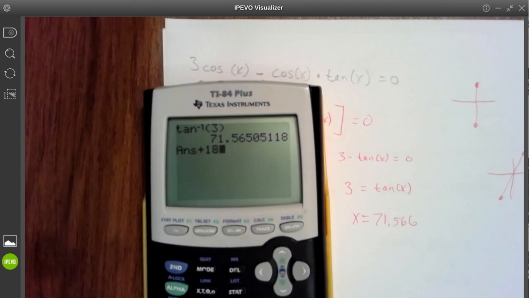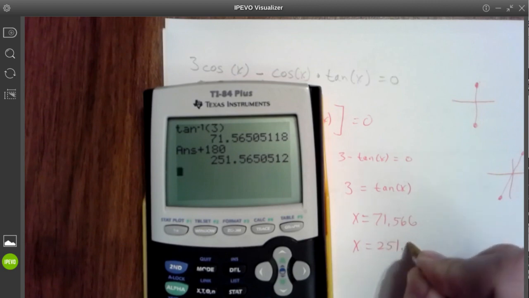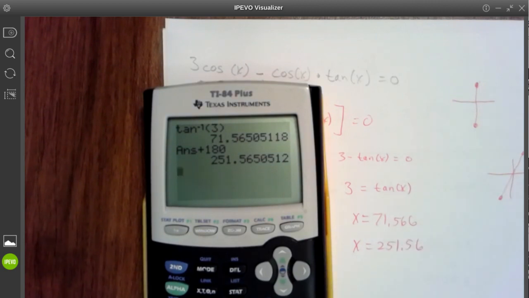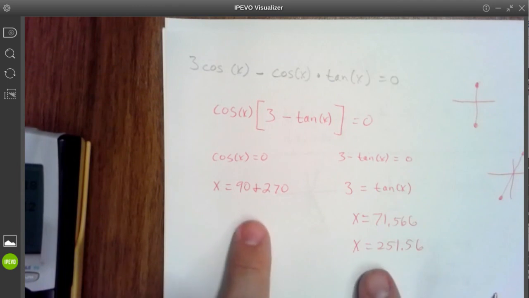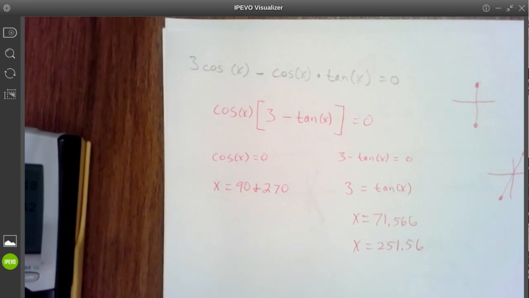So add 180, and you're going to get another answer. x is equal to 251.56. Right. Those would be my 4 solutions between 0 and 360 for this equation. Okay.